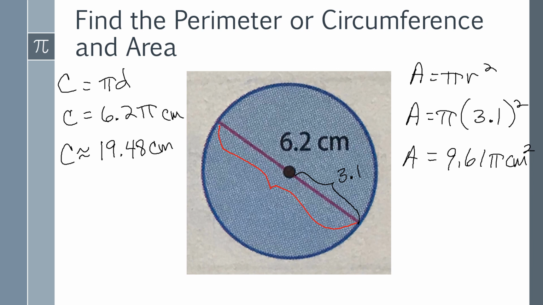All right, so now let's do the approximation. So 9.61 times pi, and I get 30.1907054. So this is approximately 30.19 square centimeters.